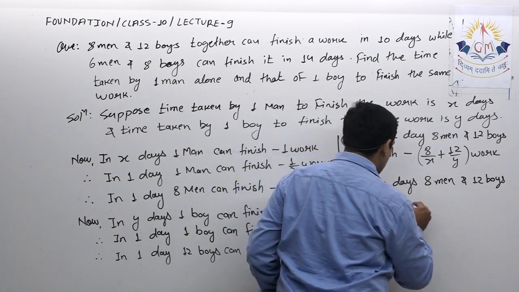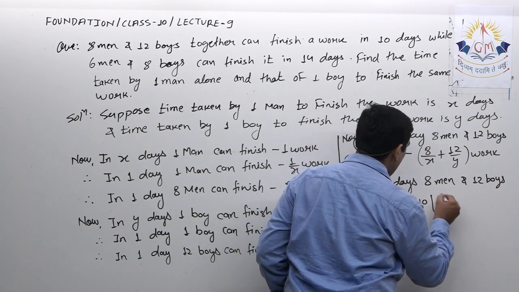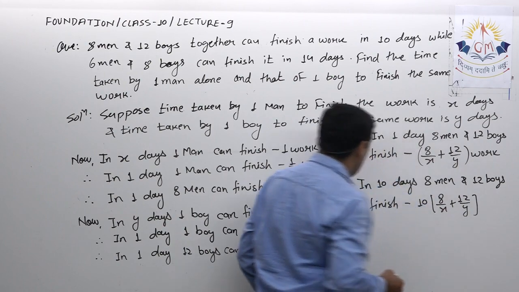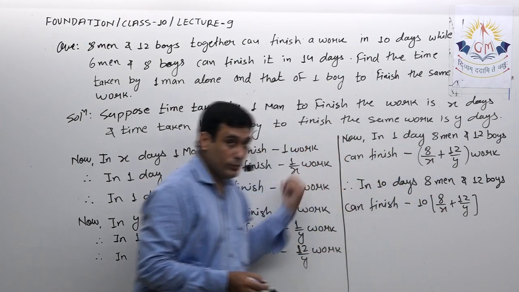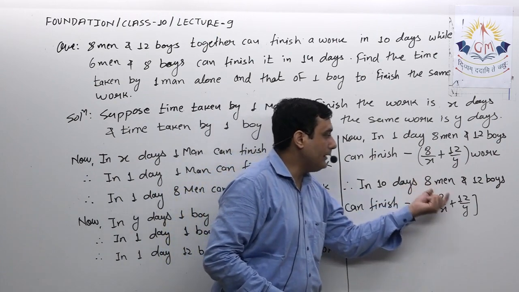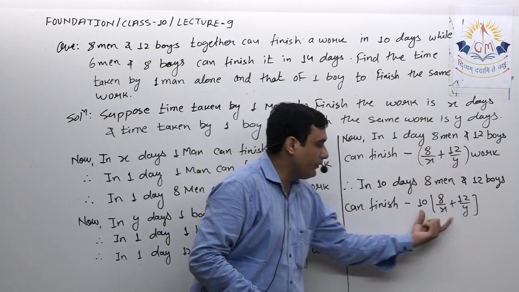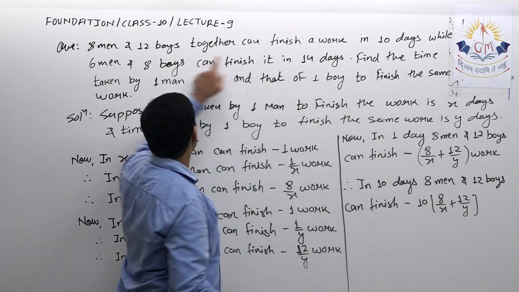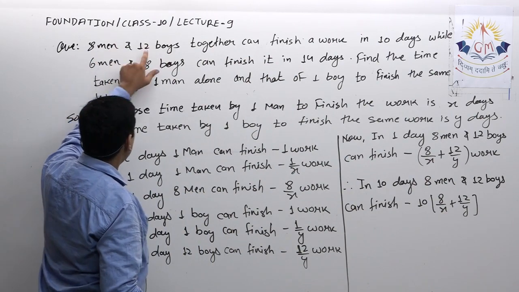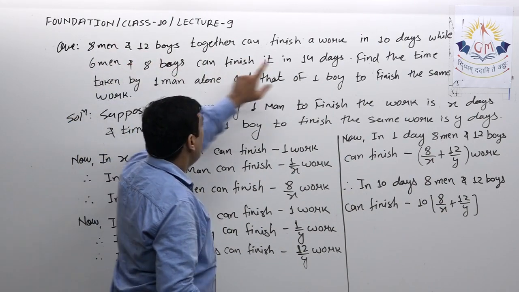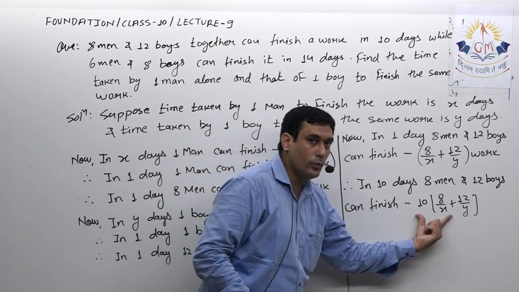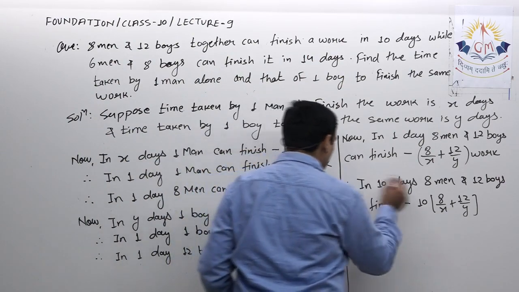This is the one day work, so in 10 days the work is 10 multiplied by 8 upon x plus 12 upon y. According to the question, in 10 days 8 men and 12 boys can finish one complete work. That means this work done must be equal to 1.